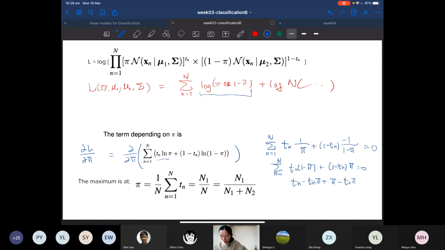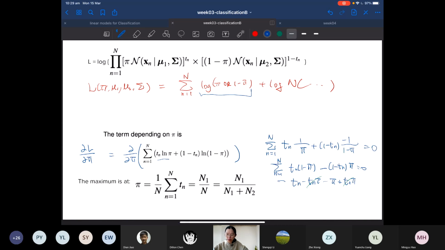Did I miss a sign somewhere? Yes, I did, sorry. Should be a negative sign, and then these signs are flipped. Right, so the term related to Tn and pi cancels out here.